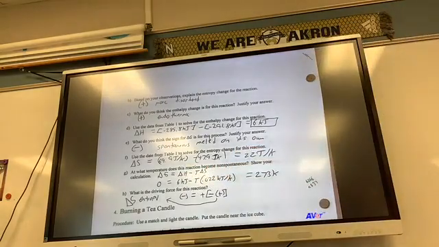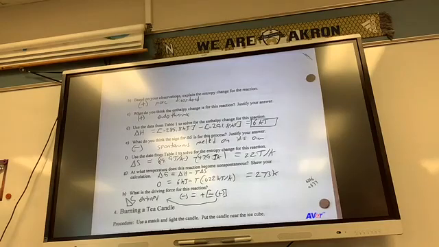Some of you got 270, because the 6.0 kilojoules was 2 sig digs. Oh, you had 6.0 kilojoules? Okay, I'll give you that point back.